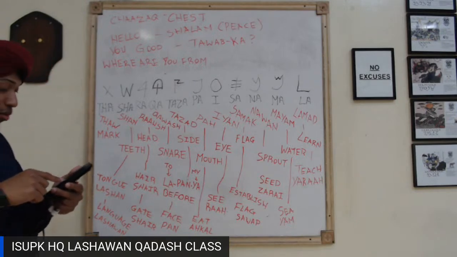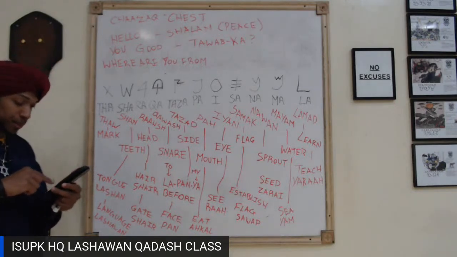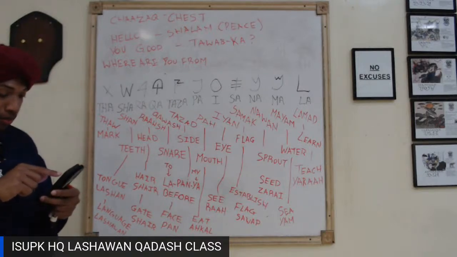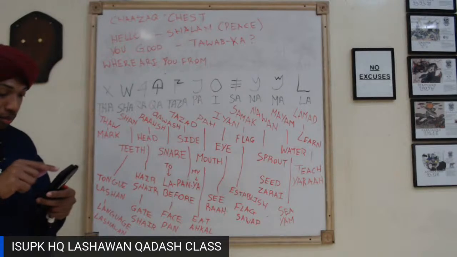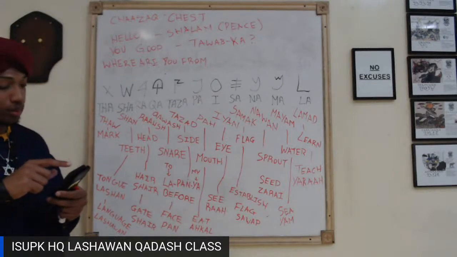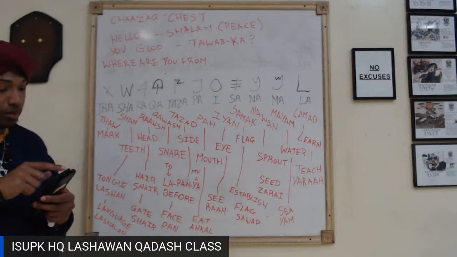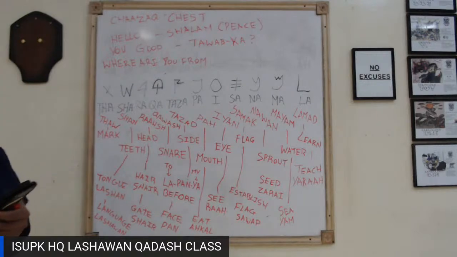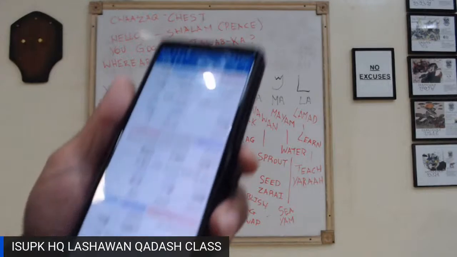Job chapter 1, verse 7. And the Lord said unto Satan, Whence comest thou? Then Satan answered the Lord and said, from going to and fro in the earth, and from walking up and down in it.